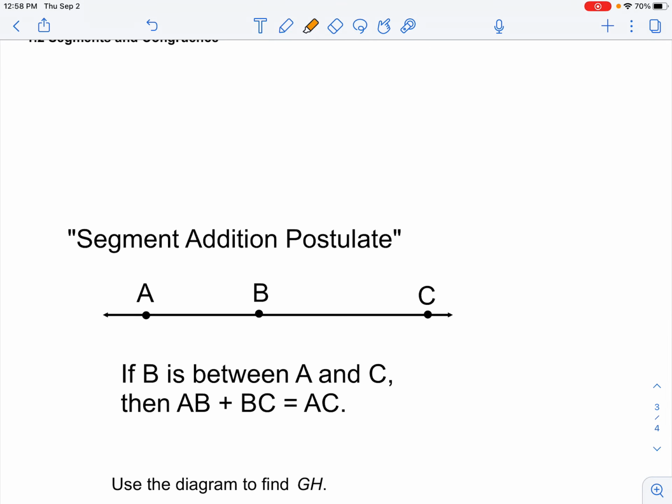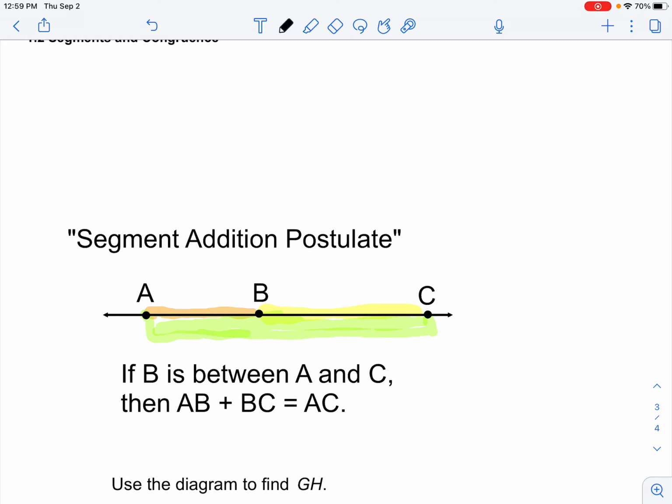Building off the ruler postulate, we have the segment addition postulate, which basically says if you take AB and you add BC together, you're going to end up with AC. So I can take AB plus BC and it'll equal the entire thing.